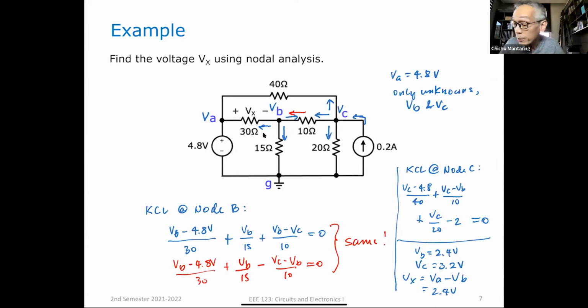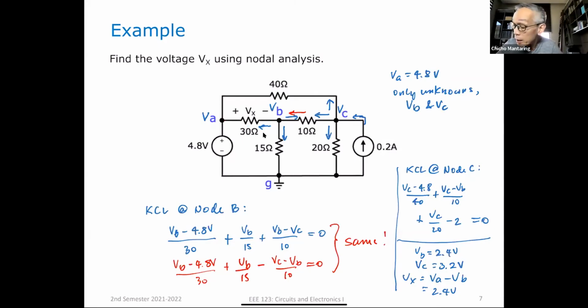If my unknown is the current supplied by the 4.8 volt source, it's easy for me to do that because I can now apply KCL here. No, I know the current flowing through the 40 ohm. I know the current flowing through the 30 ohm. So by applying KCL here, I can get the current supplied by my 4.8 volt source.